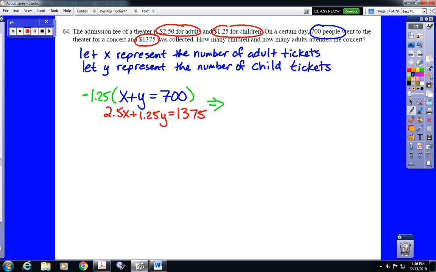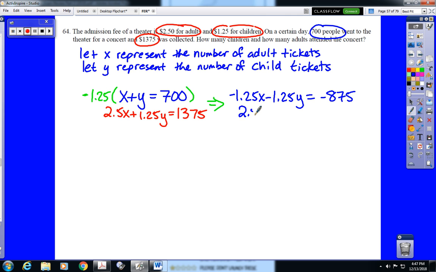That will give me negative 1.25x minus 1.25y equals, and this one I do actually have to pull out my calculator for, 700 times negative 1.25 is negative 875. Second equation is unchanged: 2.5x plus 1.25y equals 1,375. If you notice, the y's will now cancel.